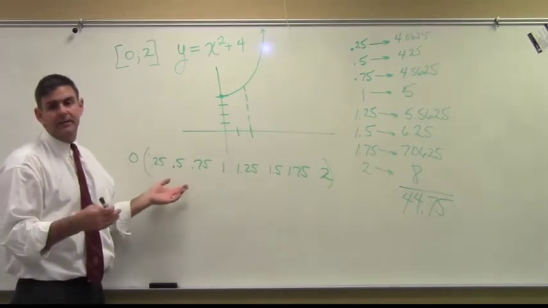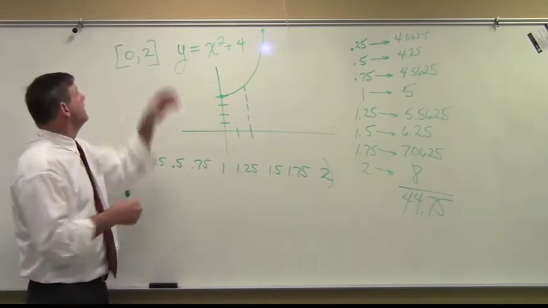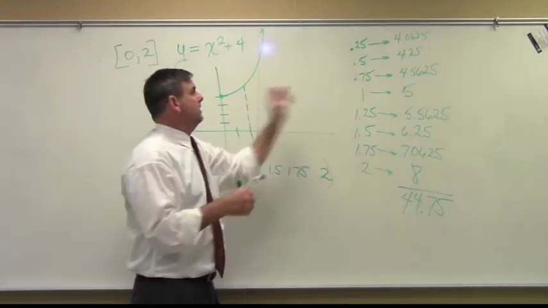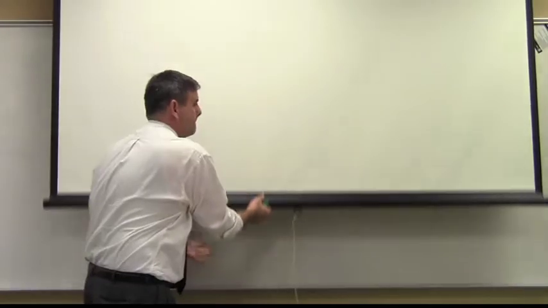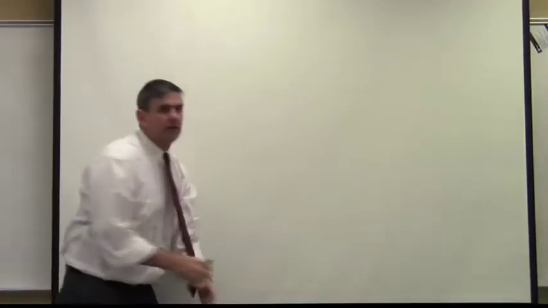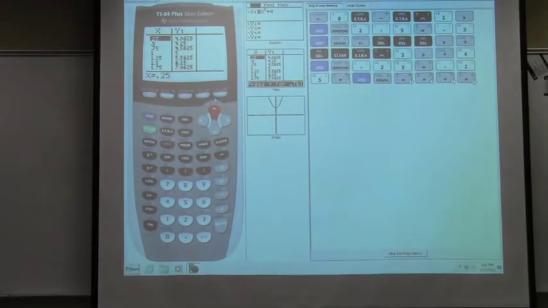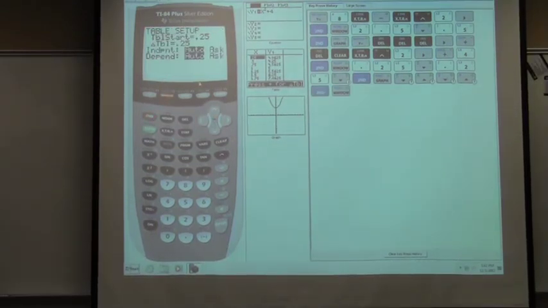So let's take the time one more time to go through the calculator. So I'm going to pull down my screen again. And let's take a look at those values on the calculator. So there's my calculator, and as you would expect, I've already taken the time to go into my table set. I've already put the equation into y equals, and on my table start, I started at 0.25, which was the value that I told you we were going to start with on the right, and my delta table is 0.25.